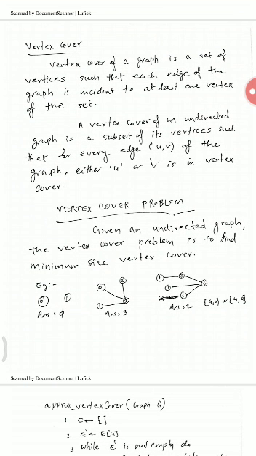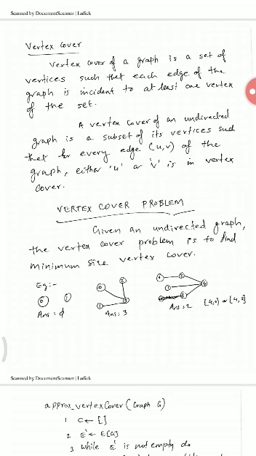Suppose an edge connects U and V. Either U or V is in the vertex cover. Either U can be a representative of that edge or V can represent that edge. So a vertex cover of an undirected graph is a subset of its vertices such that for every edge UV of the graph, either U or V is in the vertex cover.